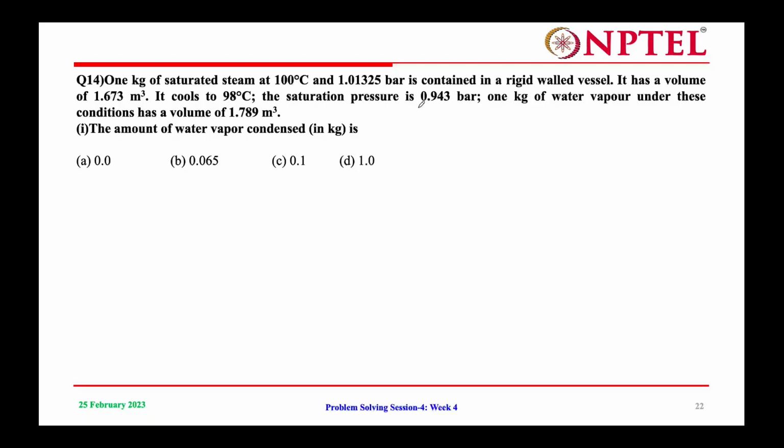The saturation pressure is 0.943 bar. And 1 kg of water vapor under this condition has a volume 1.789 meter cube. Now the amount of water vapor condensed in kg. All of you read carefully and try to solve.